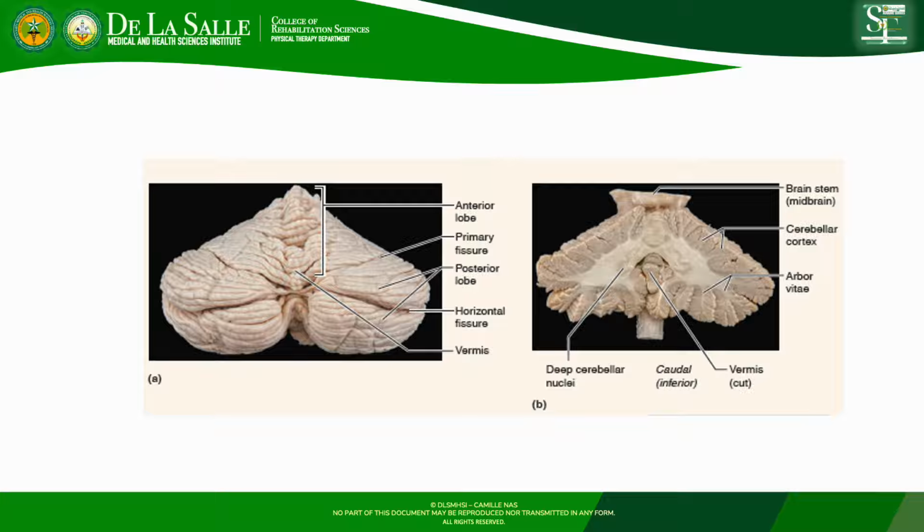We have the anterior lobe and the posterior lobe, which is the largest part of the cerebellum. Then we have the primary fissure dividing the anterior and the posterior lobe, and the horizontal fissure dividing the superior and inferior surfaces of the cerebellum. And lastly, we have the vermis, which connects the two cerebellar hemispheres. It's found in the middle.